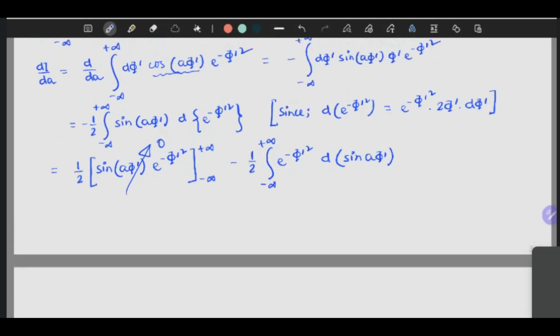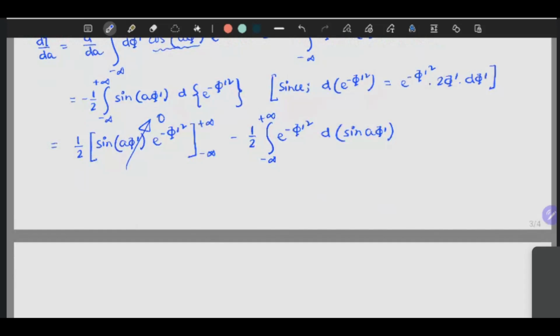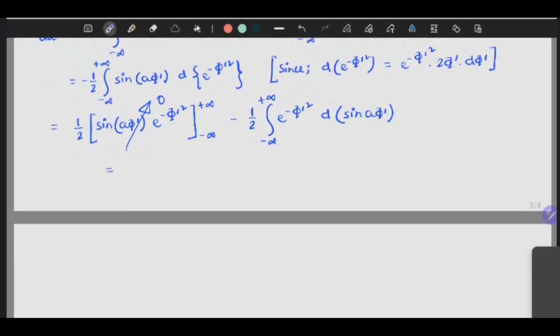So basically you are getting back to this equation, which in turn gives you minus, so d of this will give you a, so a by 2 times the integral from minus infinity to plus infinity of d phi prime e to the power minus phi prime squared cos of a phi prime.